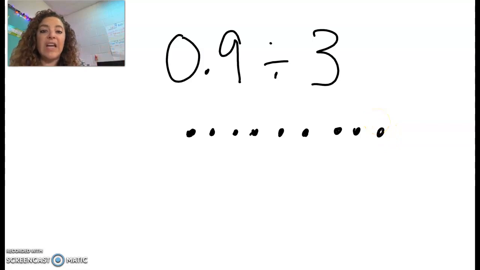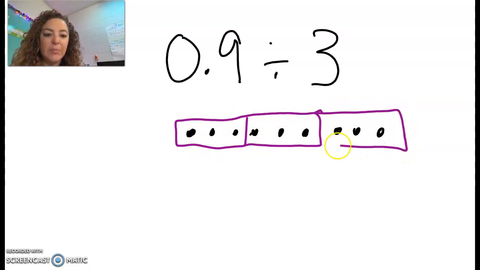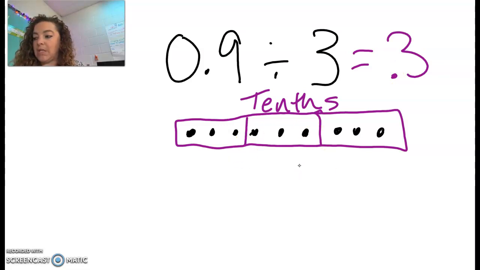So I drew 9 dots or 9 discs, and I can group those and turn them into groups of 3, right? So 9/10 divided by 3. Well, now I have 3/10 in each one of my groups, because each of these represents the tenths place value. So 9/10 divided by 3 equals 3/10, because I could easily take those 9/10 and break them up into 3 groups.